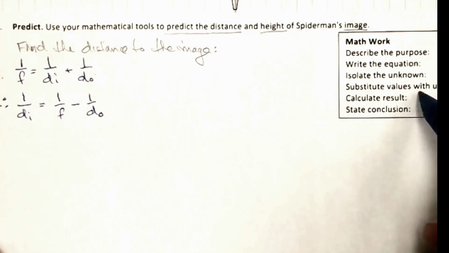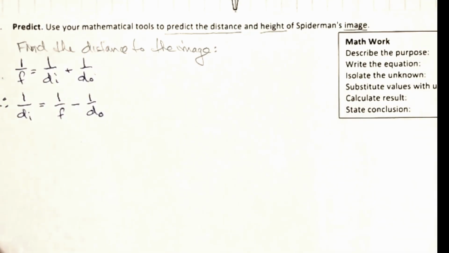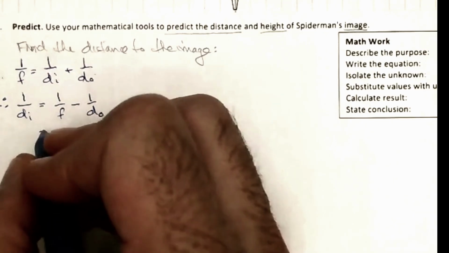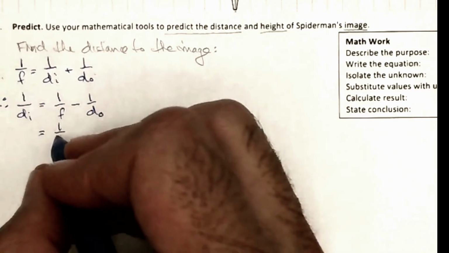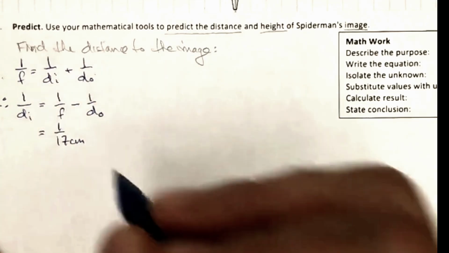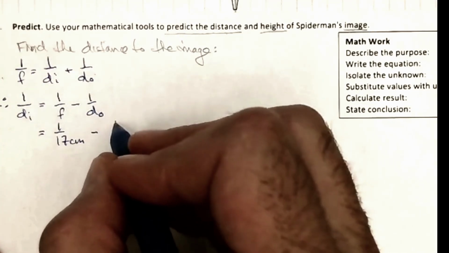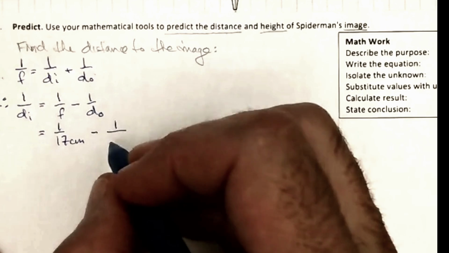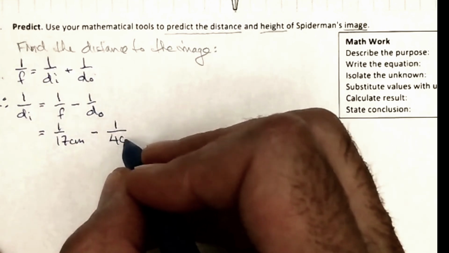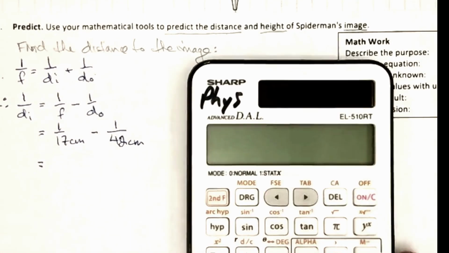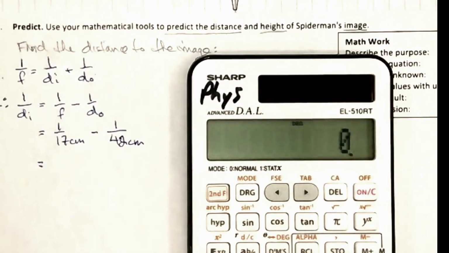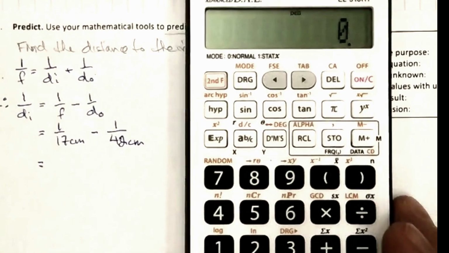We're ready to substitute values with units, so don't forget those units. In this case, the focal length was 17 centimeters, and then we subtract 1 over the distance to the object, which is 42 centimeters. It's time to do a calculation. When we do our calculator work, it's really helpful to use the reciprocal function on the calculator.